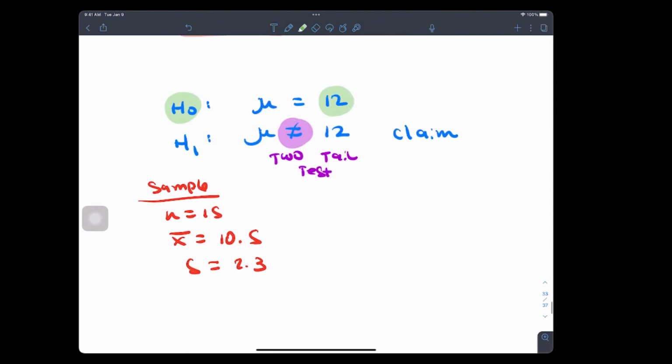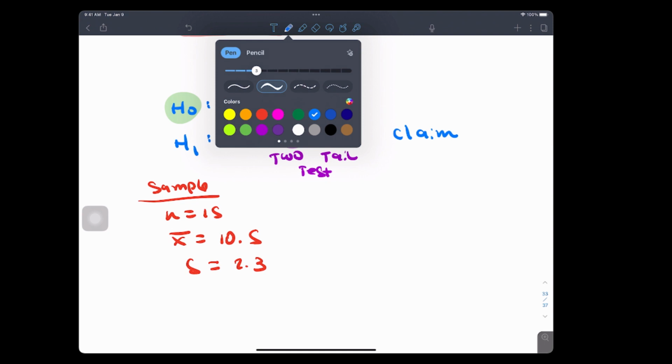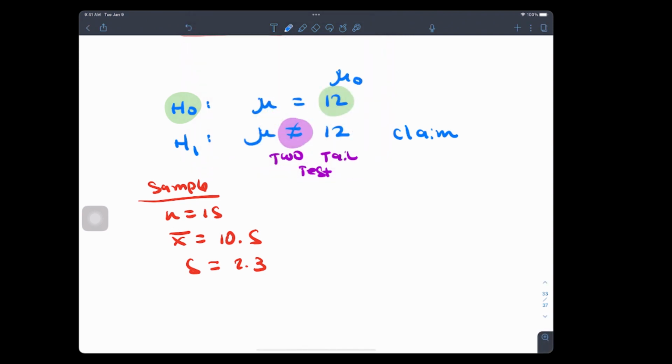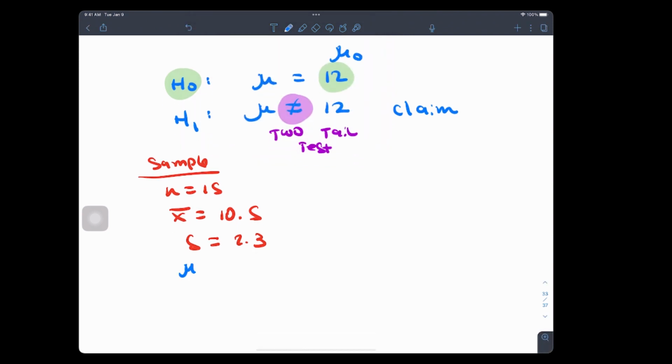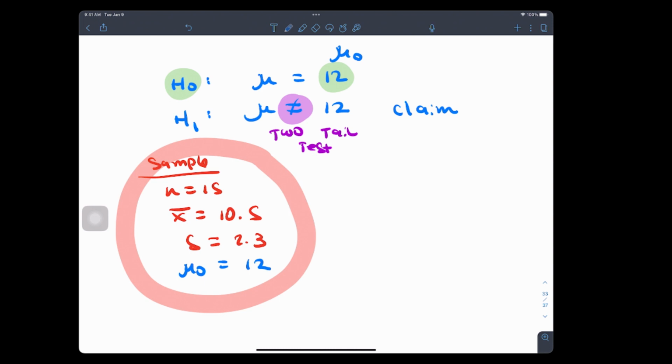What are we looking for? All of this information is in the TI under what? Under t-test. Is that right? We're going to check, is the p-value less than the level of significance?